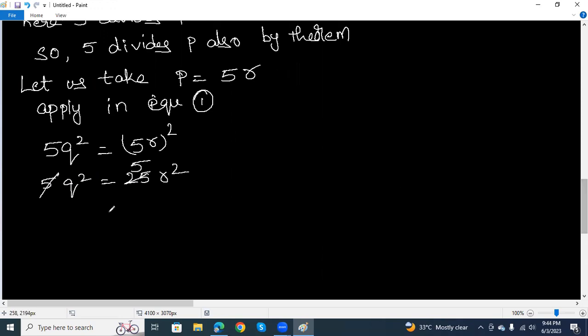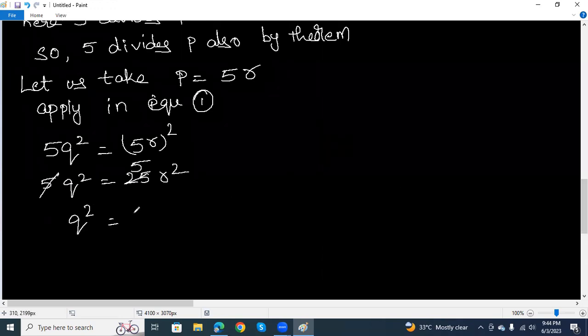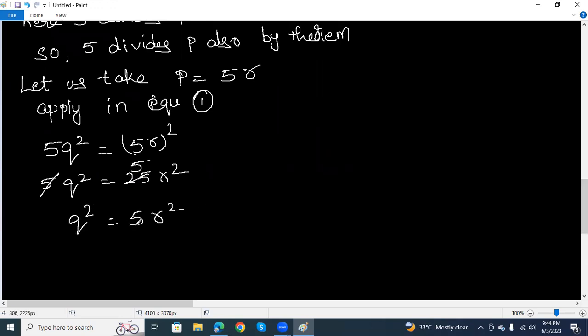Okay. So what are we getting? q square is equal to 5r square. If I take this 5 to this side, what happens? It divides q square. Here, 5 divides q square. So 5 divides q also by the theorem.